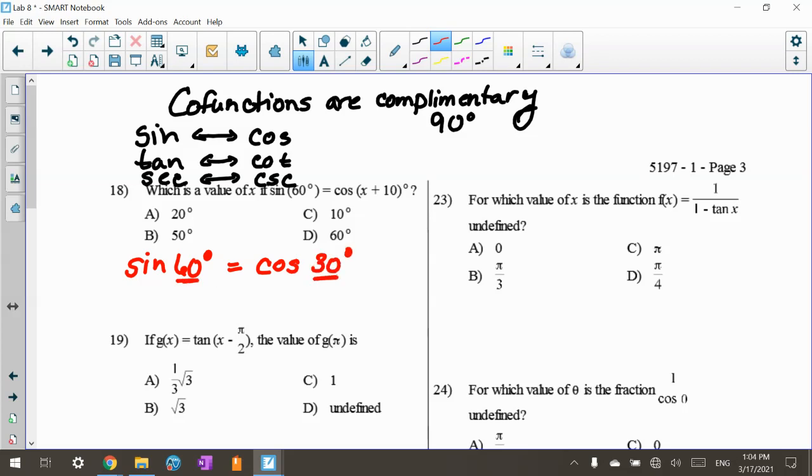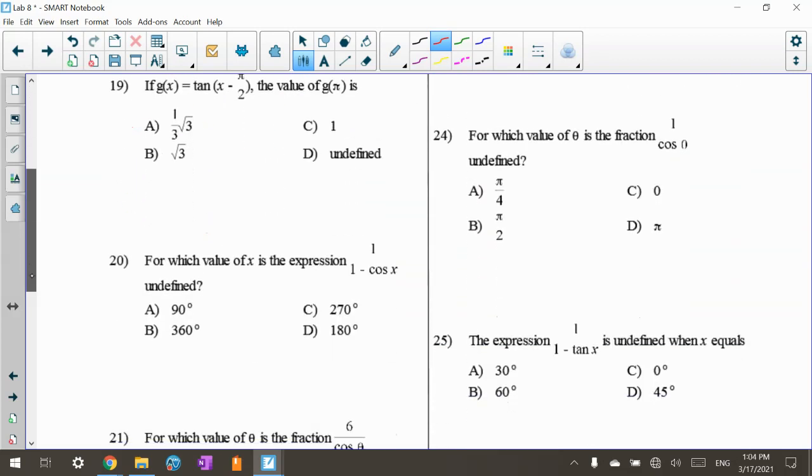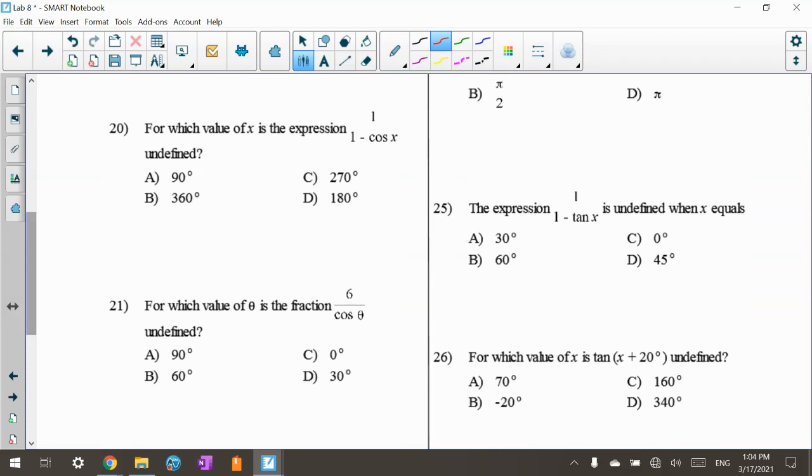I know the sine of 60 degrees is radical 3 over 2, and the cosine of 30 is radical 3 over 2. So they match, and that's what's supposed to happen. So if this is supposed to be 30, then x has to be 20 degrees to make those match. That's how cofunctions work.